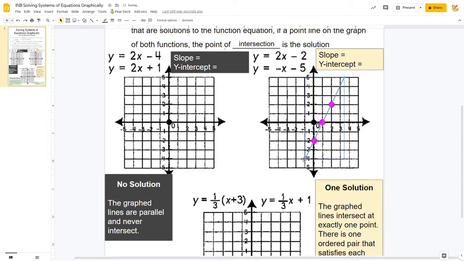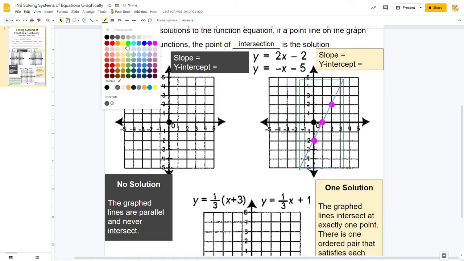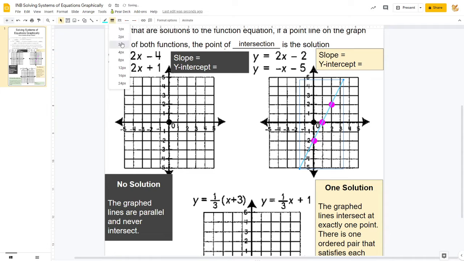Make it a little longer. Make it a bright color. Make it thick. There we go. There's my line, my graph for this one.